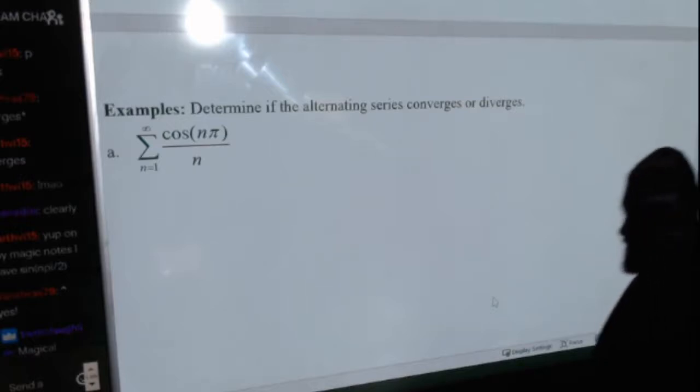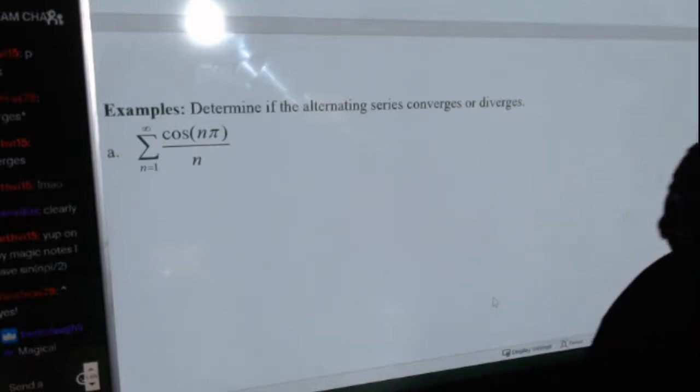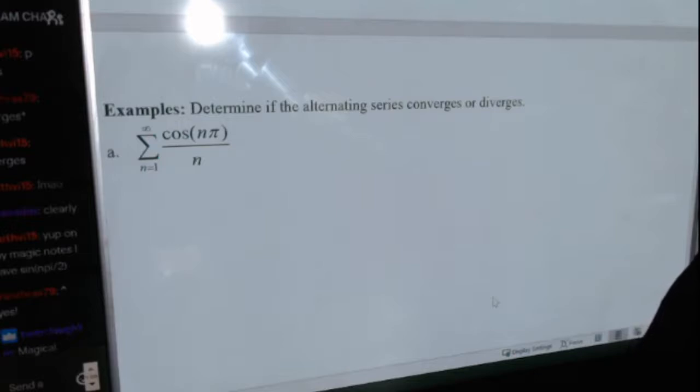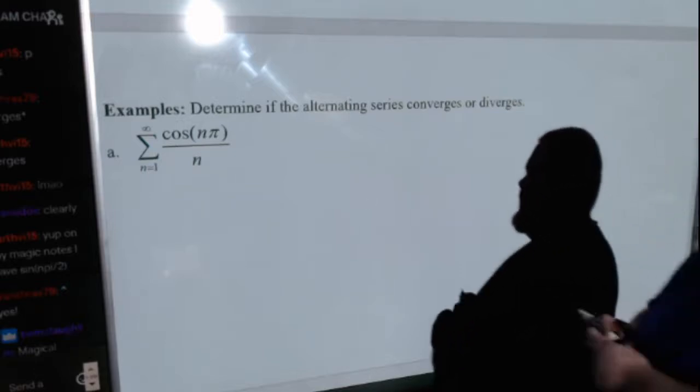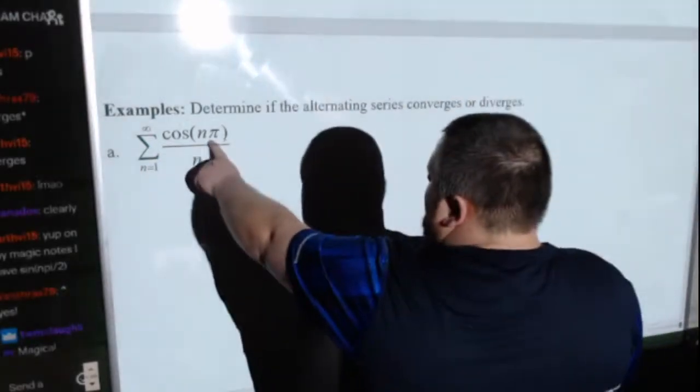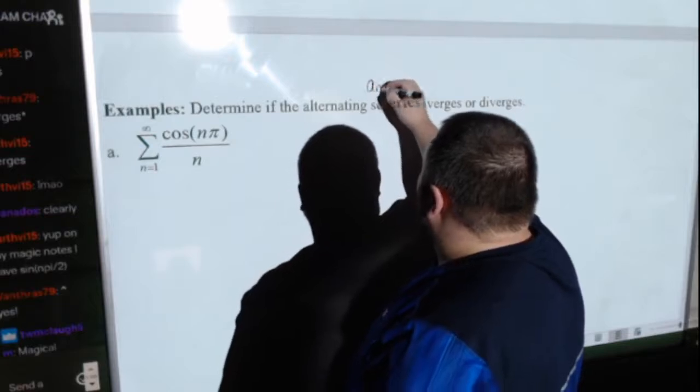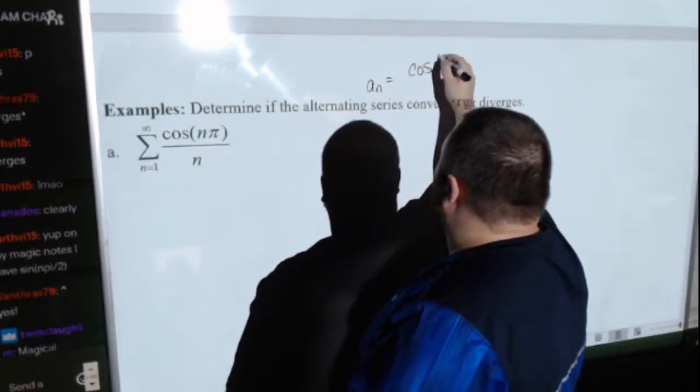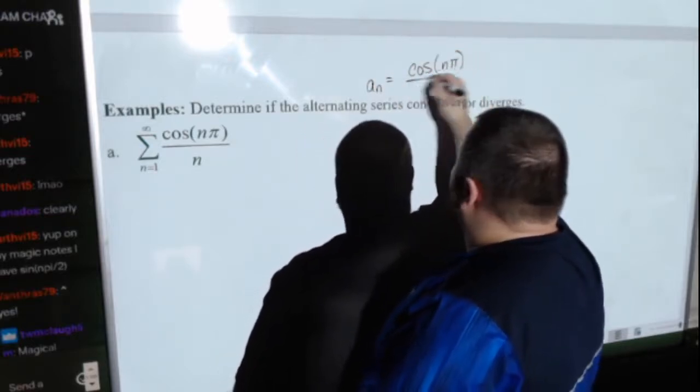Okay. Determine if the alternating series converges or diverges. So we know it's alternating because it has this cosine n pi. So a sub n is cosine n pi over n.